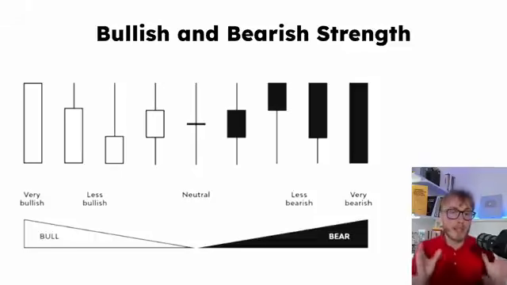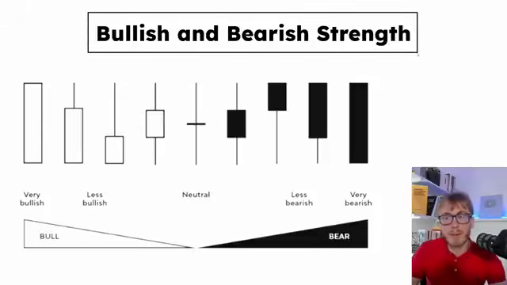Alright then, so now that we have a basic understanding of how to read candlesticks, we are ready to talk about something called bullish and bearish strength. And now I want you all to focus on this image right here. The first thing I want you guys to notice about these candles is that for all of these candles, the highest points are at the exact same level, right?